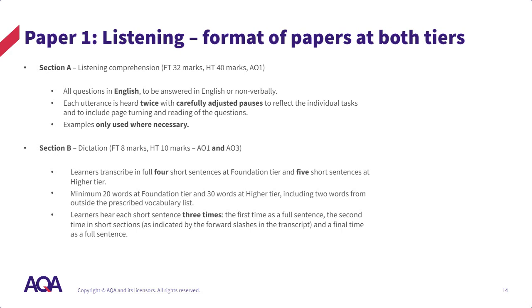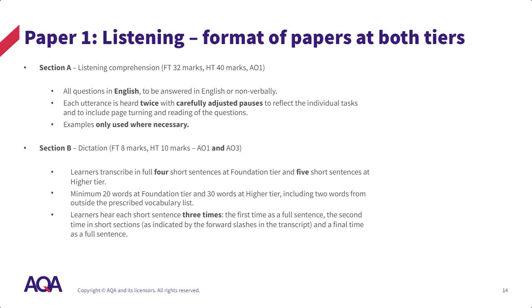Our questions avoid negative constructions where possible for clarity for students and for the purposes of accessibility. The dictation is 4 short sentences at foundation and 5 short sentences at higher tier, which are transcribed in full, but the way we have designed our dictation task means that students who struggle with this task, in particular accuracy, can still be successful.